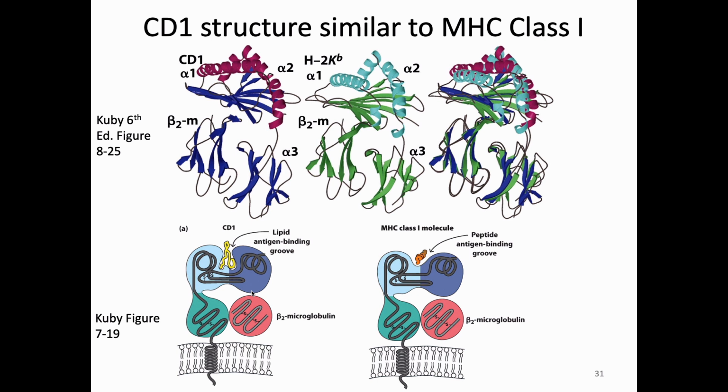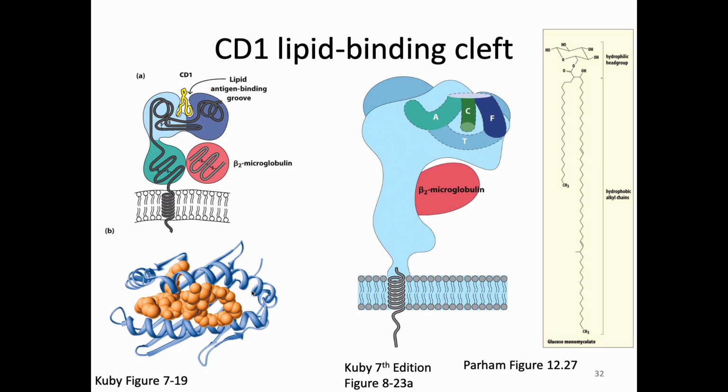But here you can see the structure of CD1 and the structure of Class I. You see they look pretty similar. There's a little bit of difference up at the binding cleft, but otherwise they're pretty much identical structurally. You can see that general difference in the structure here. So the only difference is how the binding cleft is shaped in CD1.